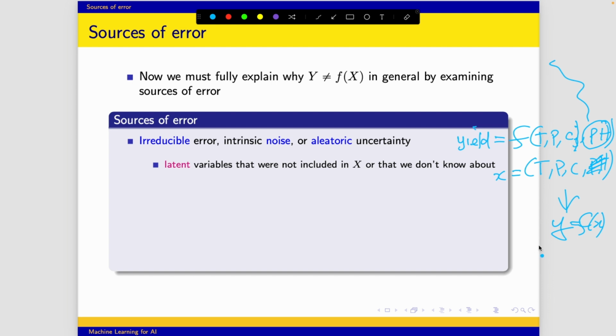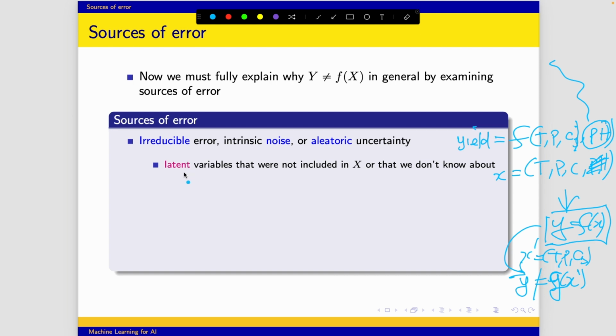So now what we have is x equals t, p, and cj, but this is not x, this is, let's say, x prime. So we don't have y equals f of x prime, some function, let's call it g, let's call it something else. There is no such function. We may have this, but this we do not have. And so this pH is what we might call a latent variable.